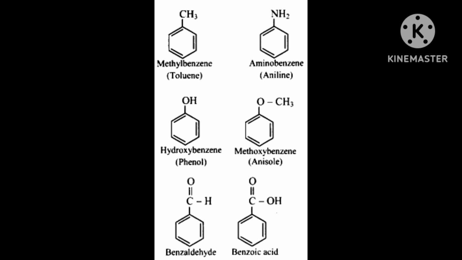Last will be the CH3 and the first carbon will have the phenyl group, the benzene ring, attached. Phenyl group, C6H5 will be attached. And at carbon number 2 and 3, the bromo group will be there.